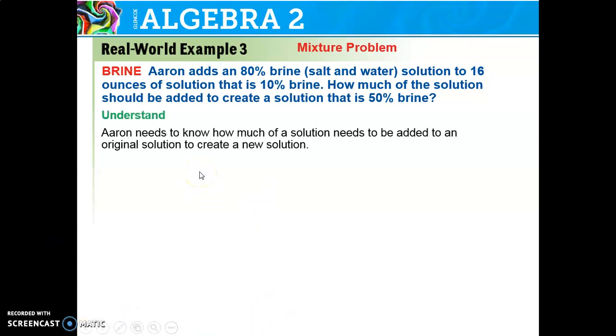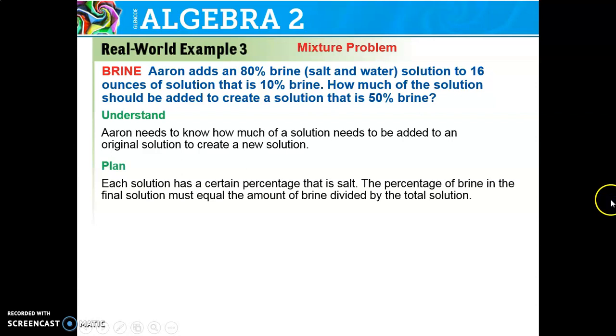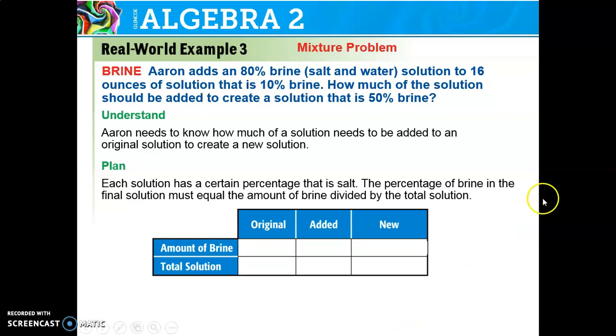So Aaron needs to know how much of a solution needs to be added to an original solution to create a new solution. Each solution has a certain percentage that is salt. That's what brine is. The percentage of brine in the final solution must equal the amount of brine divided by the total solution. So, for example, in the original, there's 10% of 16 ounces.